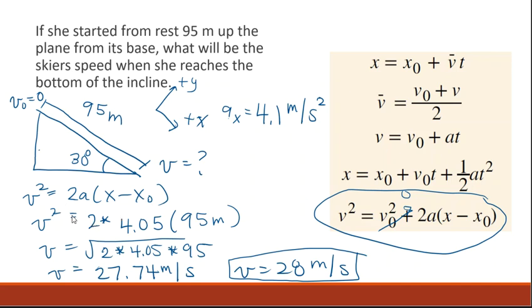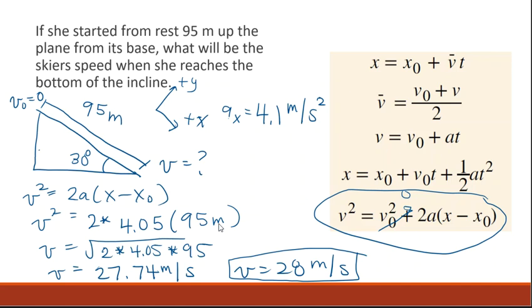So v squared equals 2 times acceleration, 4.05. Again, see the final answer, I put 4.1, but in calculations, you always want to use more decimal points for a more accurate answer. Okay, so 2 times 4.05 times the distance, 95 meters.